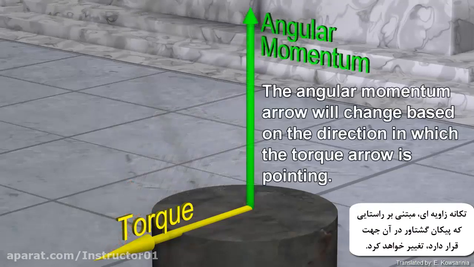The angular momentum arrow will change based on the direction in which the torque arrow is pointing.